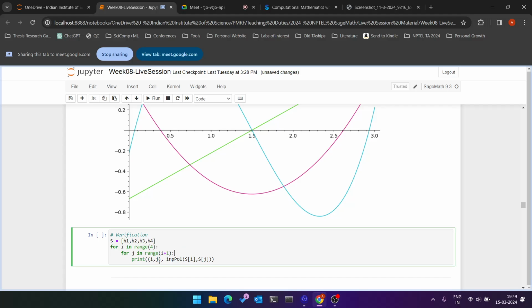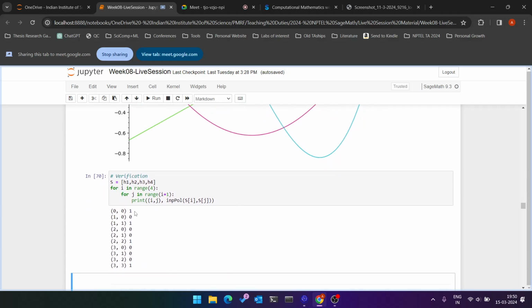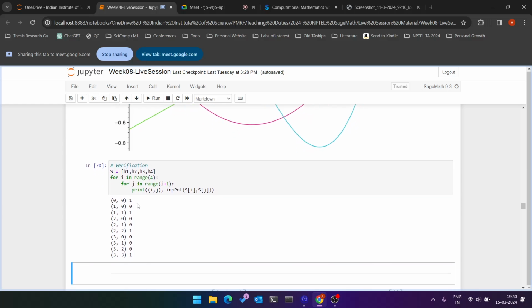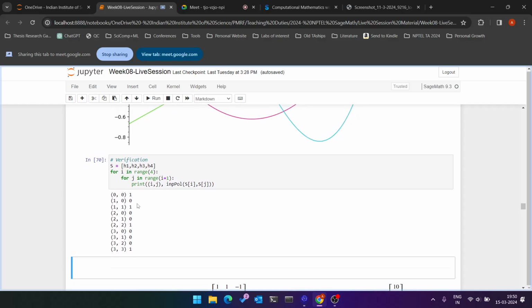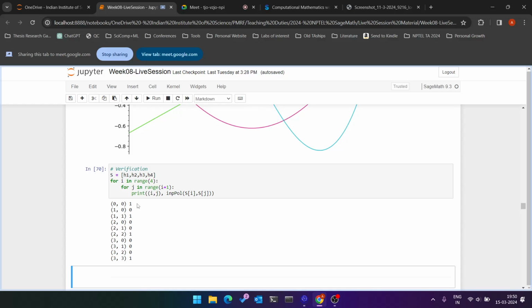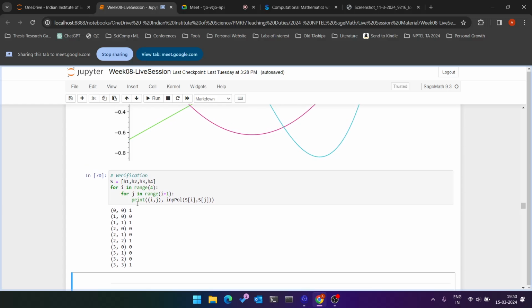I will print out the terms i, j, and the inner product polynomial of s i, s j. So 0, 0 is 1, 1, 1 is 1, 2, 2 is 1, and 3, 3 is 1. So the inner product of h1, h2, h3, h4 with respect to itself is 1 for all of them, whereas the inner product of any distinct hi, hj where i doesn't equal j goes to 0, which is the definition of an orthonormal basis.